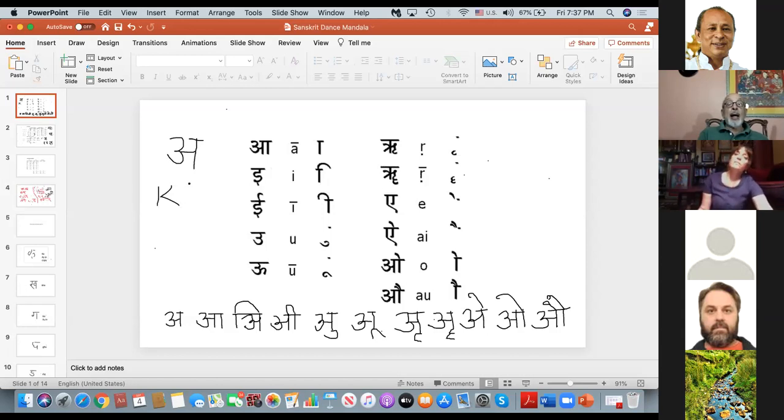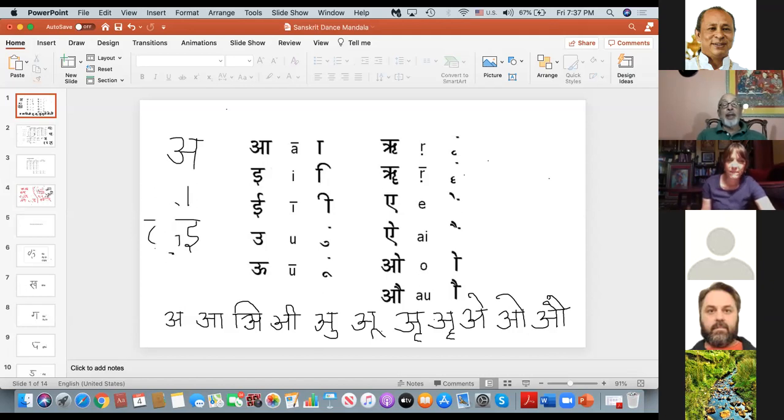K, I in Sanskrit. Okay, so K, Ka, this is Ka, right? And then in order to make it key, we are supposed to write E like this.